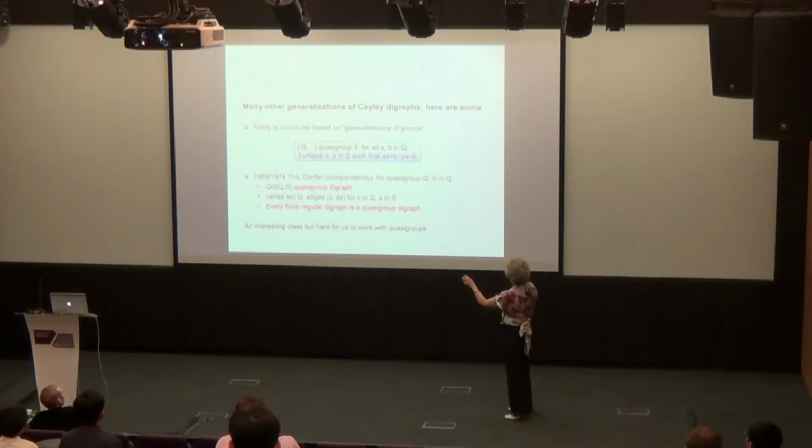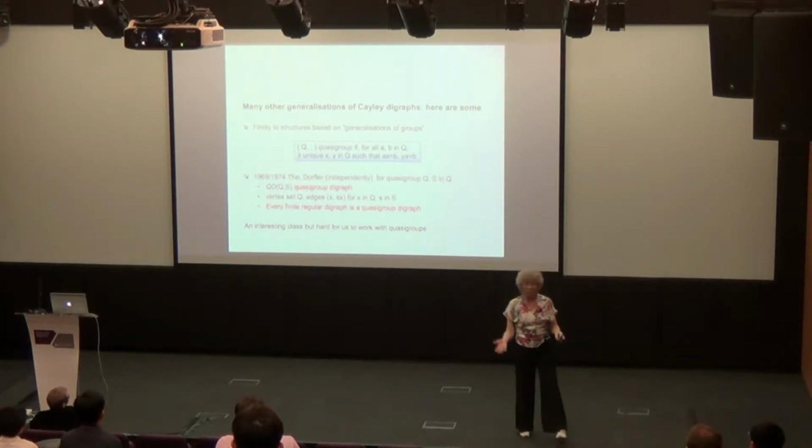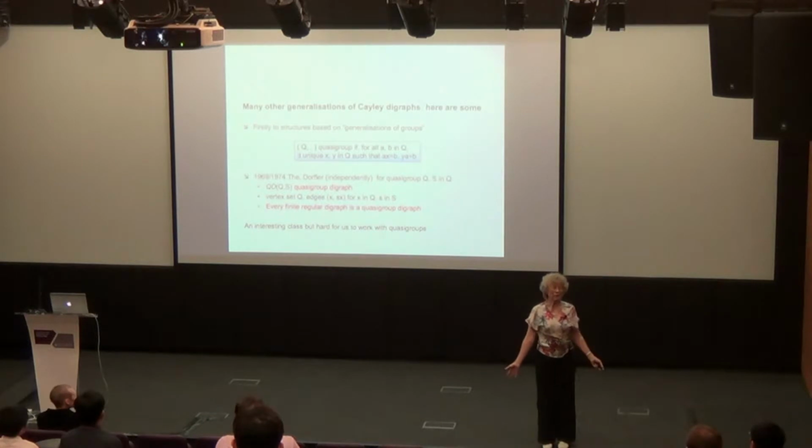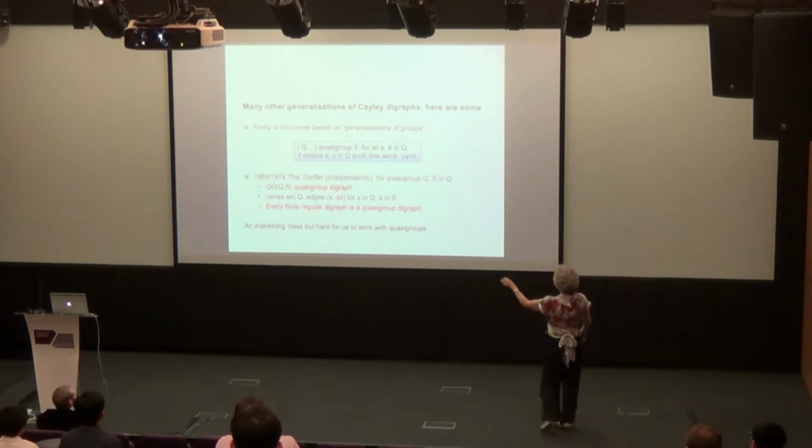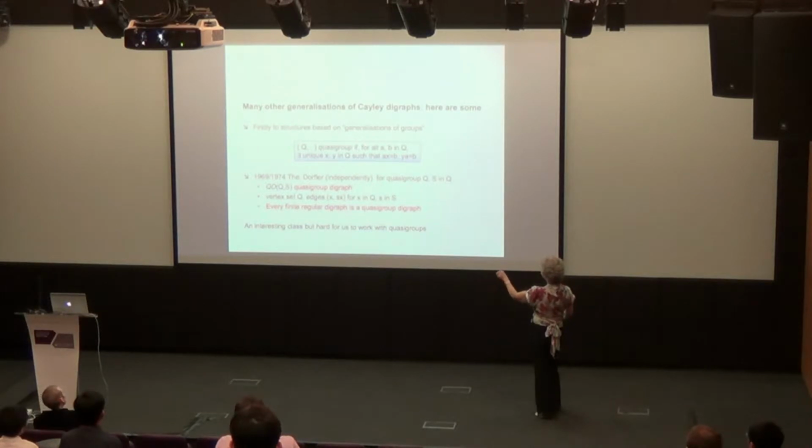So what's a quasi-group? Well, it's a set. You can multiply its elements, and for all elements a and b in this set, in the quasi-group, the equations ax equals b and ya equals b have unique solutions. So that forms a quasi-group. I don't know a whole lot about quasi-groups, but what these people proved was that every finite regular digraph is a quasi-group digraph.